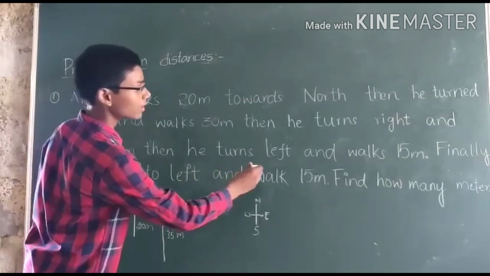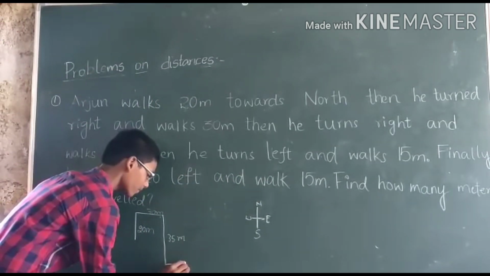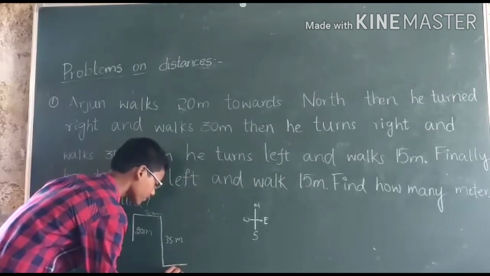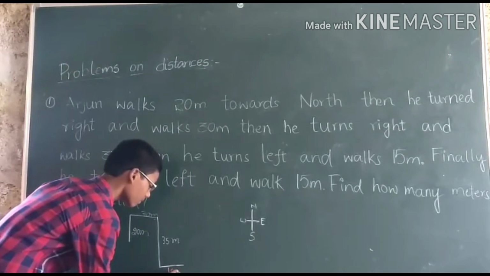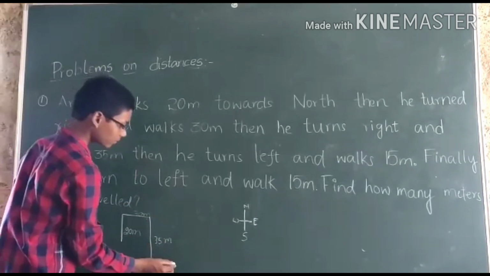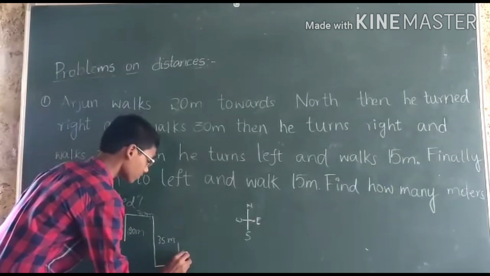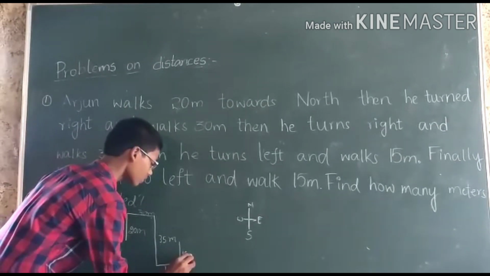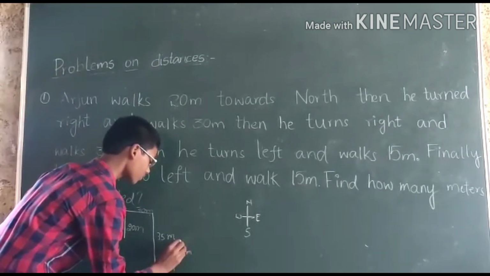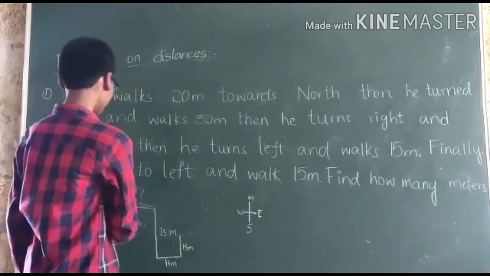And then he turns to left and walks 15 meters. Finally, he turned to left and walks 15 meters. Find how many meters he travelled.